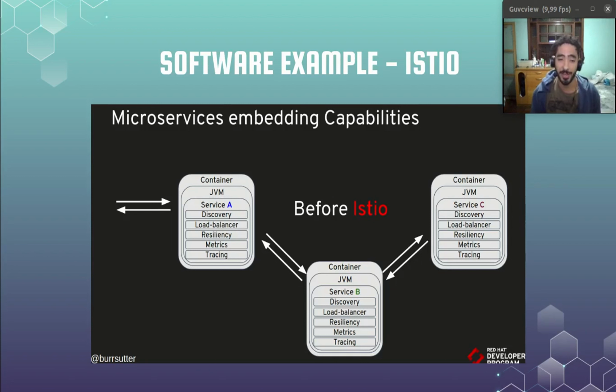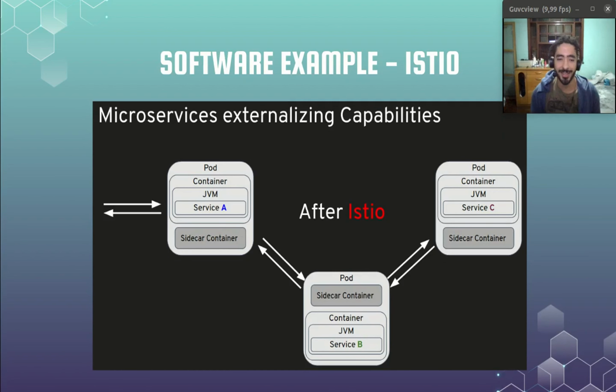Before, you can see that each container has a lot of things to do: load balancing, resiliency, tracing. After you use sidecars, everything becomes easier, right? I mean, the container only has services A, B, and C, and the other things are done by the sidecars. So this is very good.